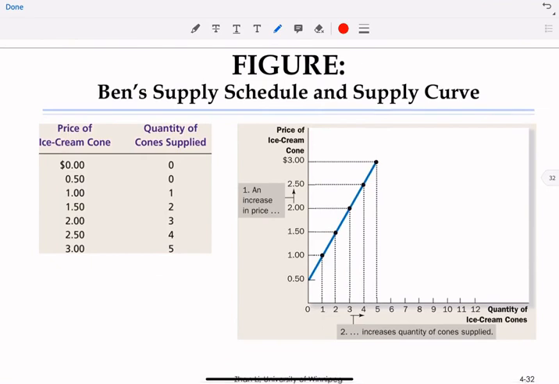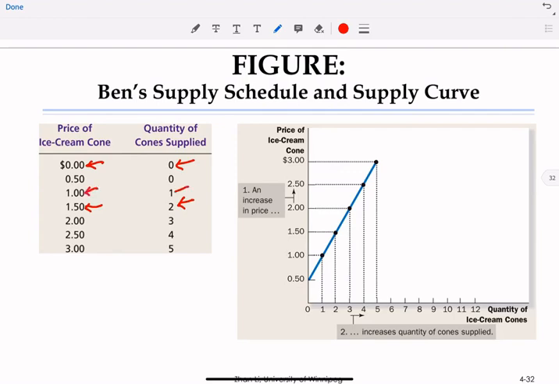Okay, now let's look at Ben's supply schedule and supply curve. So here you can see that if the price is 0, Ben will supply 0. If the price is $1.5, Ben will supply 2 ice cream cones. So you can see that we could basically draw this table, right? So let's say if the price is 1, let's look at this.